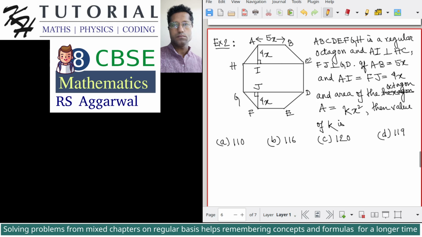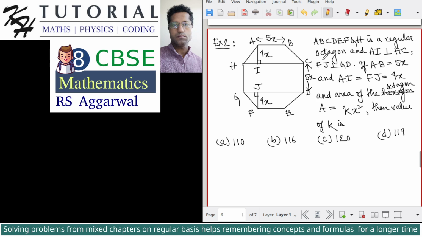Now, this CD, that is the breadth of the rectangle, we know it will be 5x, since it is a side of the regular octagon, 5x. We have to find HC, that is the length of the rectangle. We have to find HC or GD, and if we can find that, we can also find the area of each trapezium. So the first task is to find HC or GD. HC is equal to GD.